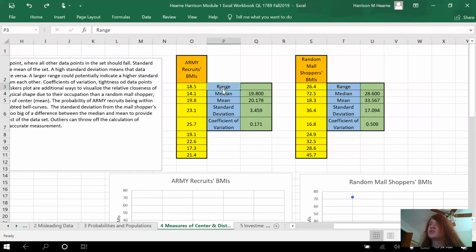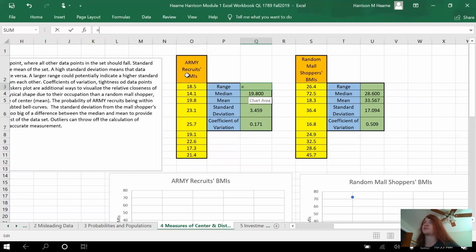So a range is the difference between the greatest data entry and the smallest. I'm actually using an older version of this document here, which doesn't have the range in it. So we're going to calculate the range live here. To calculate the range live, we're going to put an equal sign in there. We want to take the biggest data entry in our table.